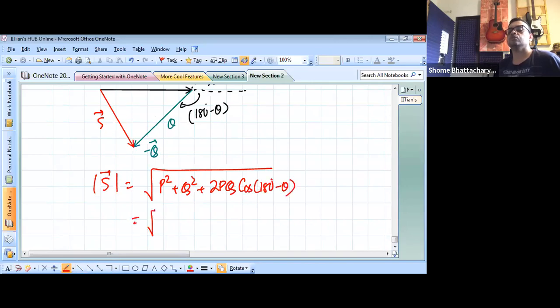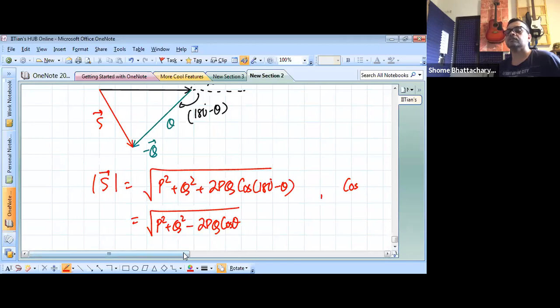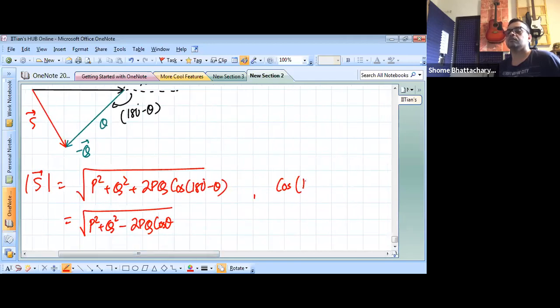So it will become root of P square plus Q square minus 2PQ cos theta, because we use the identity that cos of 180 minus theta is minus cos theta. So this is becoming your S. Now use equation 1 and equation 2 from above and prove the given identity.